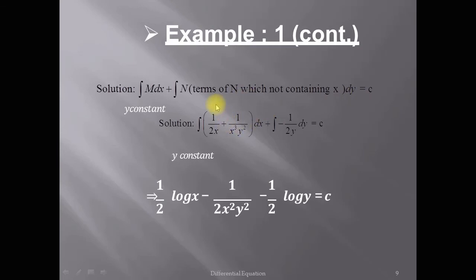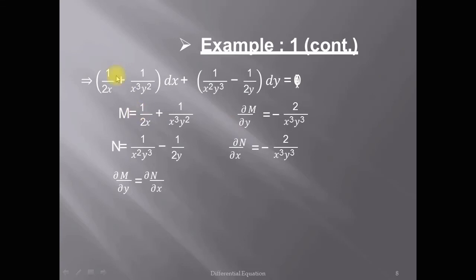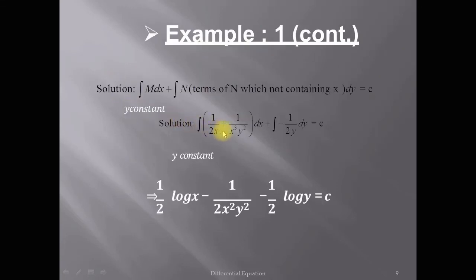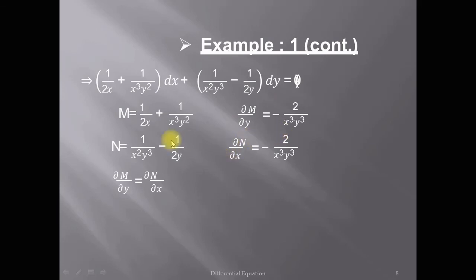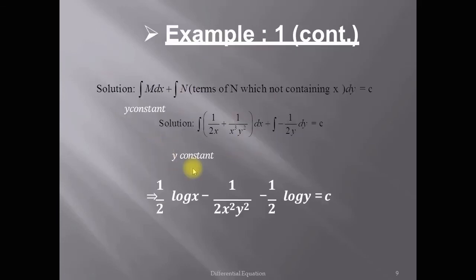In the new differential equation, the M function is 1/(2x) + 1/(x³y²), and there is only one term in the N function which does not contain x, which is −1/(2y).